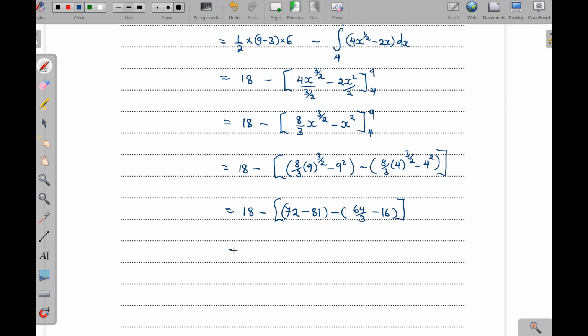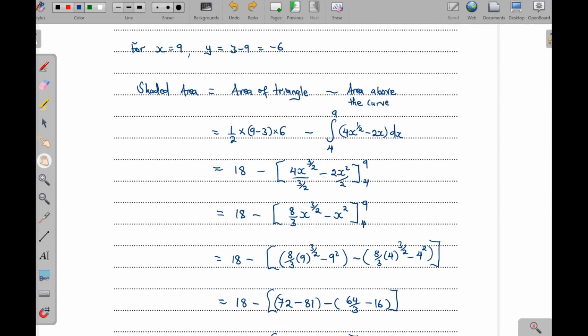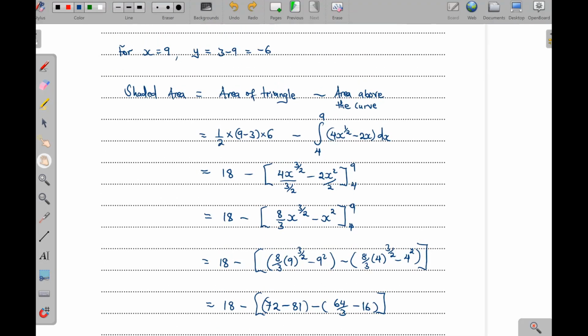So putting everything in the calculator, okay, here we shall have negative 9, then minus 64 over 3. Then a minus will affect this minus, and then we have a plus. And so you should know that this area under the curve, or above the curve, what we are having here, this area, the shaded region, this area is actually below the curve.